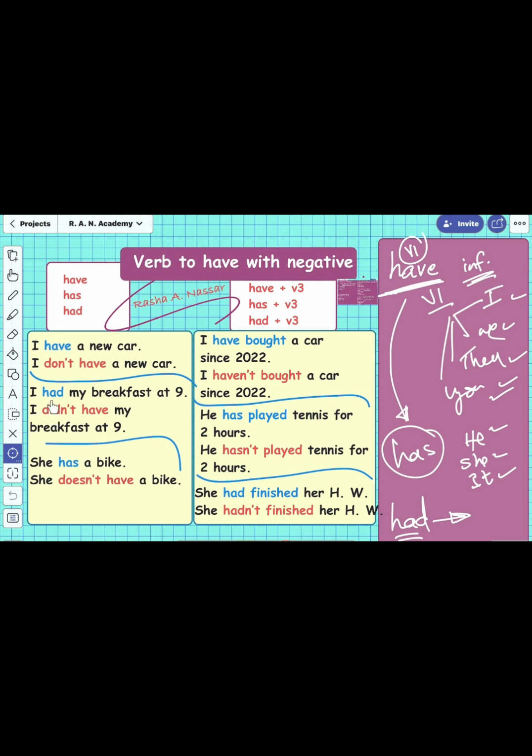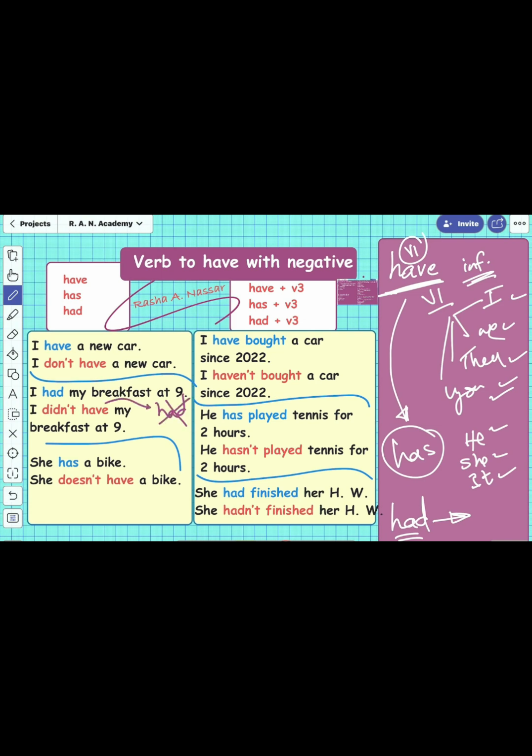If I see had and my sentence is in the past, so I had my breakfast at 9, I have to use didn't. But after didn't and don't and doesn't, I have to come with the infinitive form of the verb. So I say, I didn't have my breakfast at 9. I cannot say, for example, I didn't had.